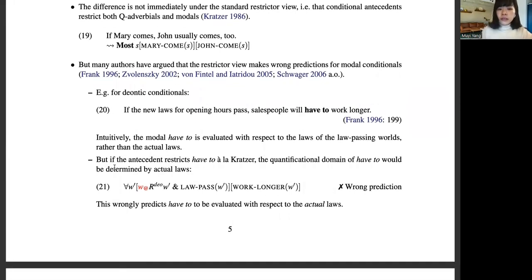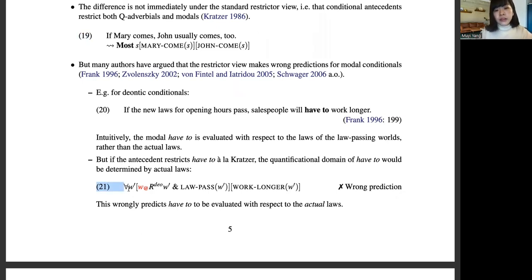However, if the antecedent of the conditional restricts the deontic modal have to, as is assumed by Kratzer, then the quantificational domain of have to would be determined by the actual laws. If we do an analogous interpretation of 15 for 20, then we would end up with something like 21.